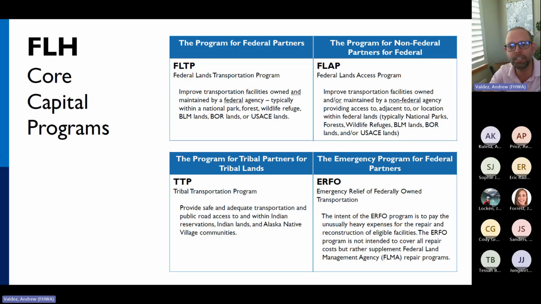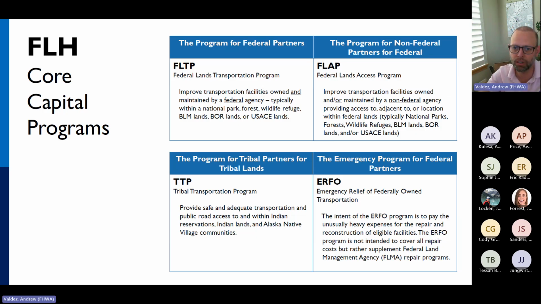And in an ideal world, these programs sort of complement and support each other. And we're going to talk a little bit about that angle a little bit later. But I think the easiest way to think about this is FLTP is federally owned and FLAP is non-federally owned, but provides access to public federal lands.